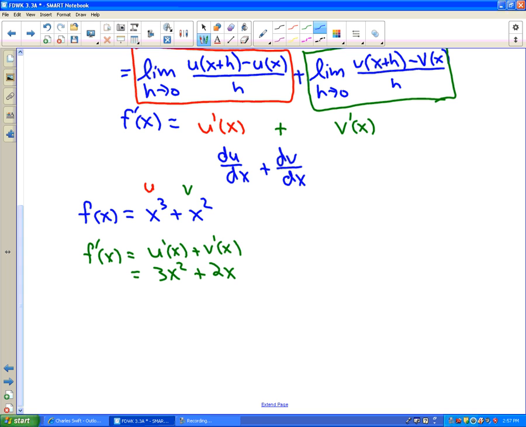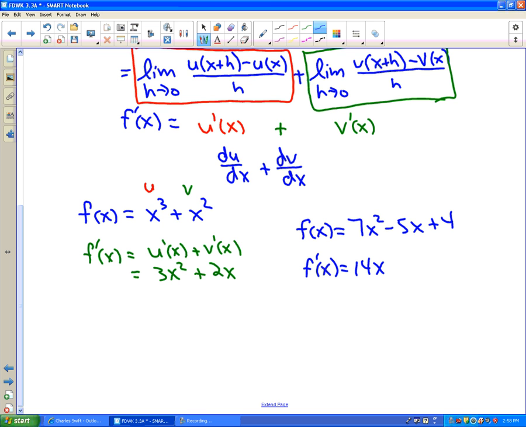If we have a function f of x equals 7x squared minus 5x plus 4, we could extend and apply the property here. Just treat it as three different functions instead of just u, v, and w. So our derivative of f is going to equal the derivative of the first, which is going to be 14x.